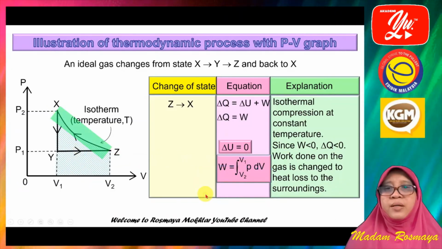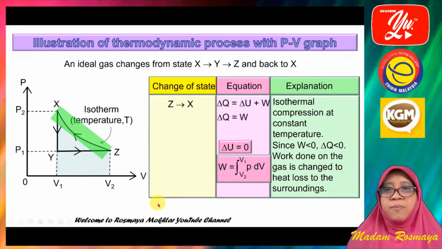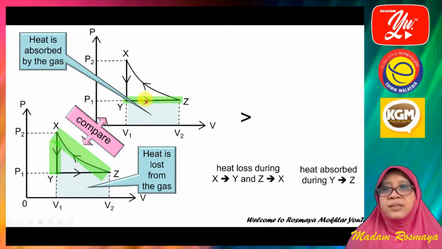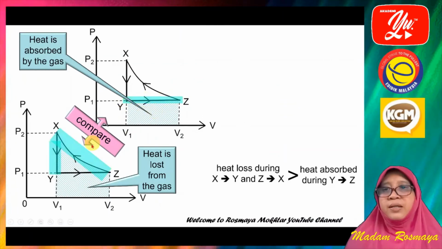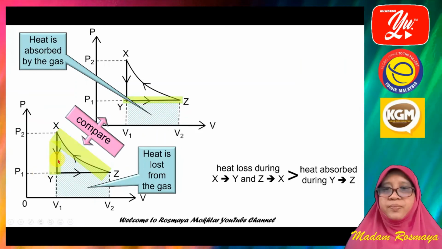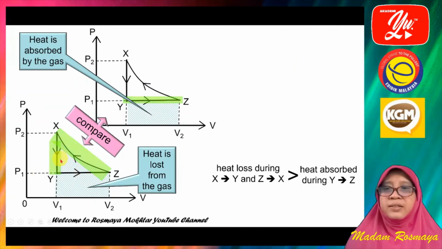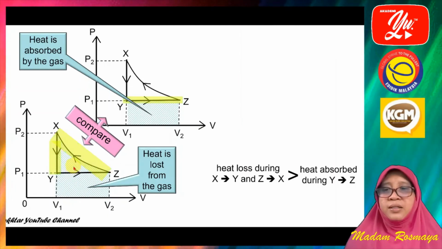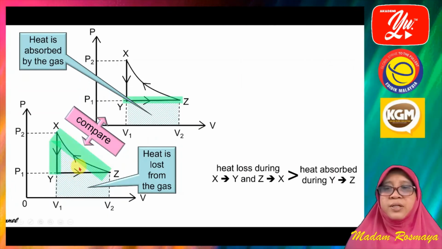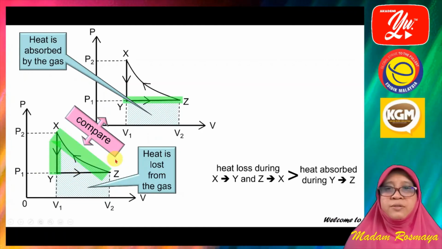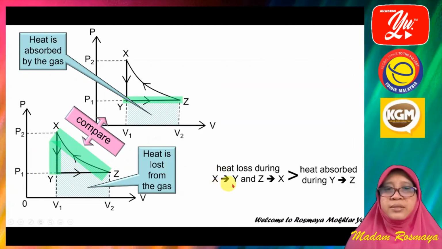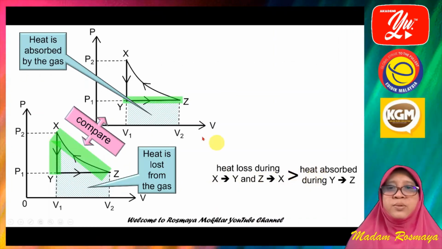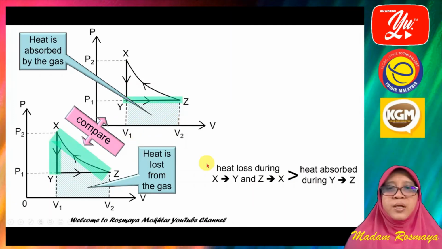Okay, now compare the two graphs just now. Y to Z is the heat absorbed, and here is the heat lost from the gas. X to Y and Z to X represent heat lost from the gas. We find that the heat loss during X to Y and Z to X is larger than the heat absorbed during Y to Z. Compare these two, so here is larger.